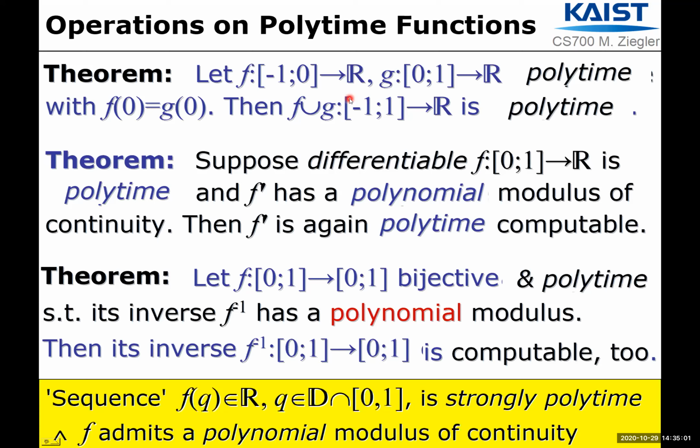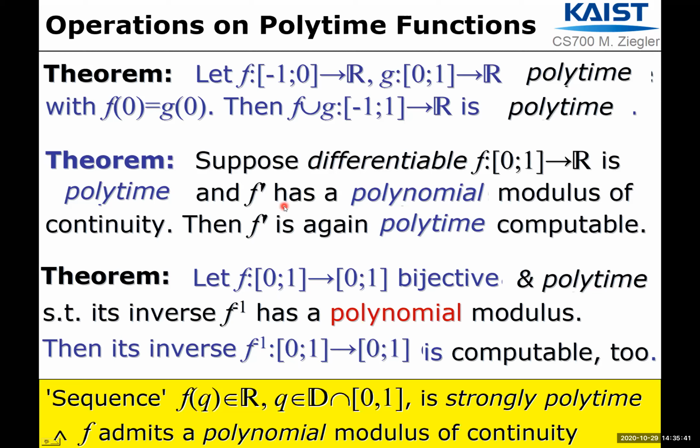Whenever we glue together two polynomial time computable functions at a gluing point, which is supposed to be polynomial time computable, and here implicitly we only consider the gluing point 0, which is trivially polynomial time computable, then the function gluing together both into a larger domain is again polynomial time computable. That was our first example of an operator that maps polynomial time computable functions to polynomial time computable functions.